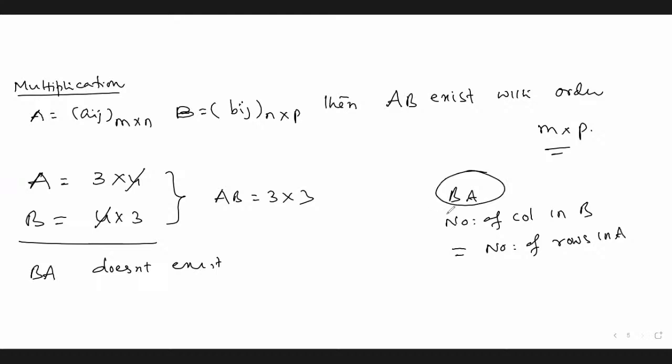Otherwise, BA does not exist. See here, AB: A is 3 by 4, B is 4 by 3. The number of columns in capital A is equal to the number of rows in B. Similarly, if you want BA to exist, the number of columns in B should be equal to the number of rows in A. So this is about multiplication.